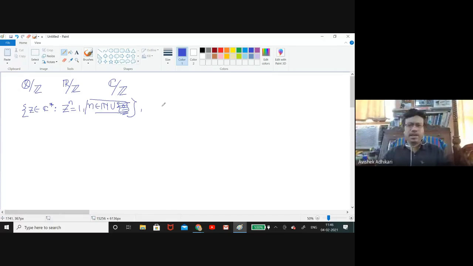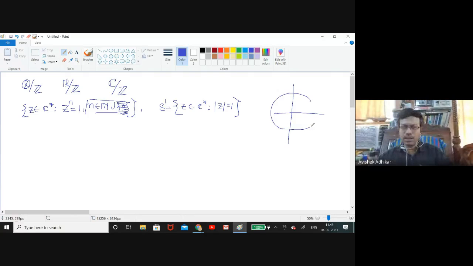Again, I may have S1. That means all such z belonging to C star such that mod z equals 1. Geometrically in the complex plane, you will have a circle with center at 0, 0 and radius 1.